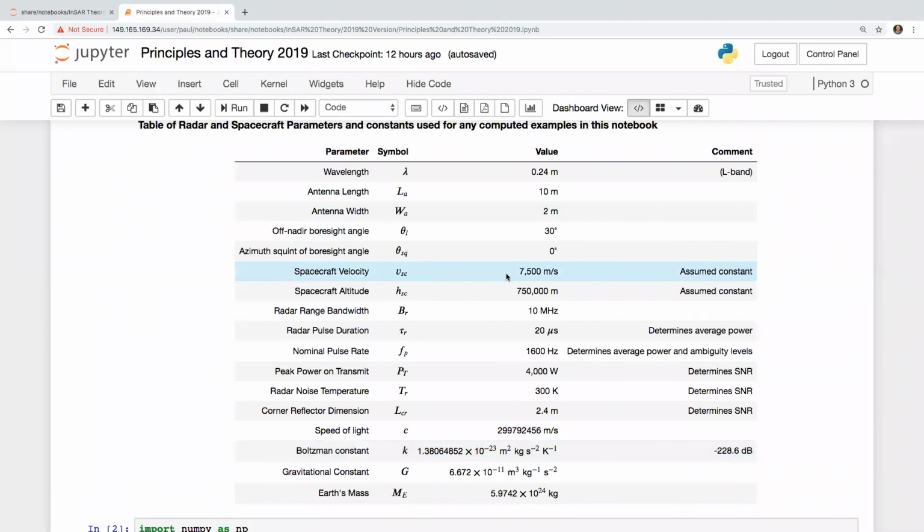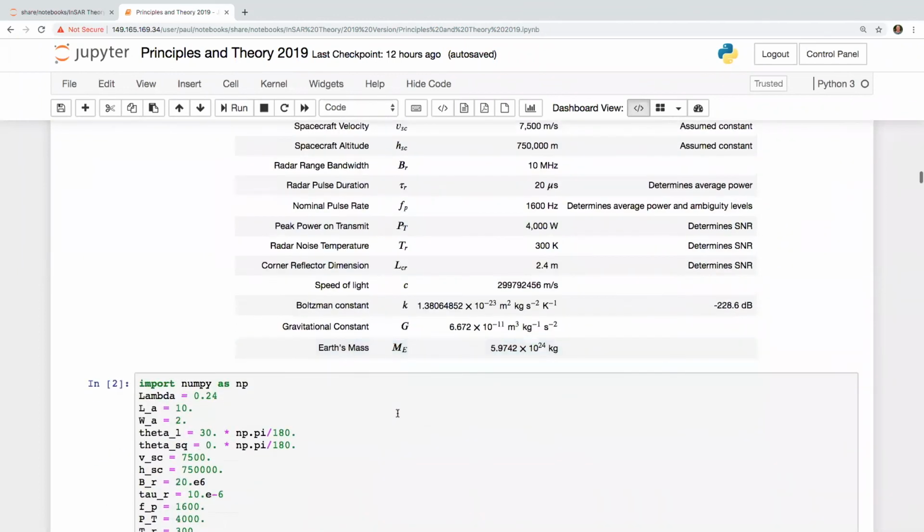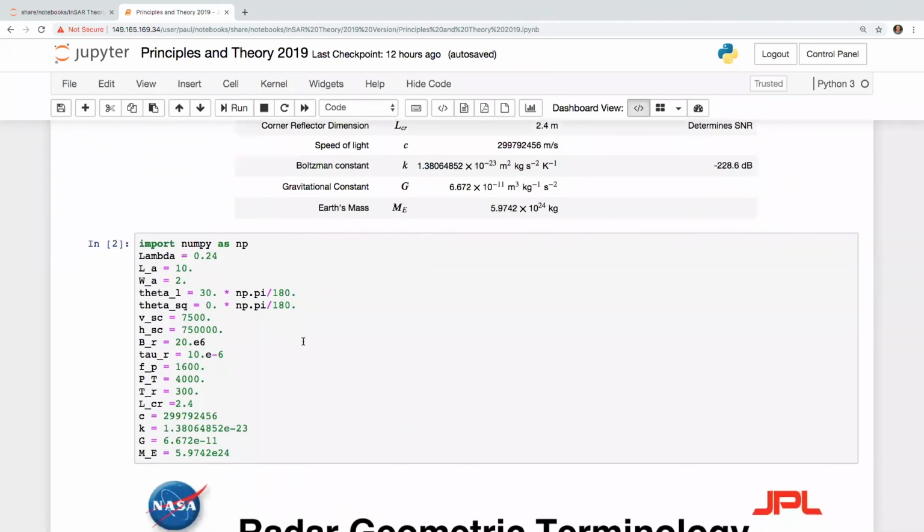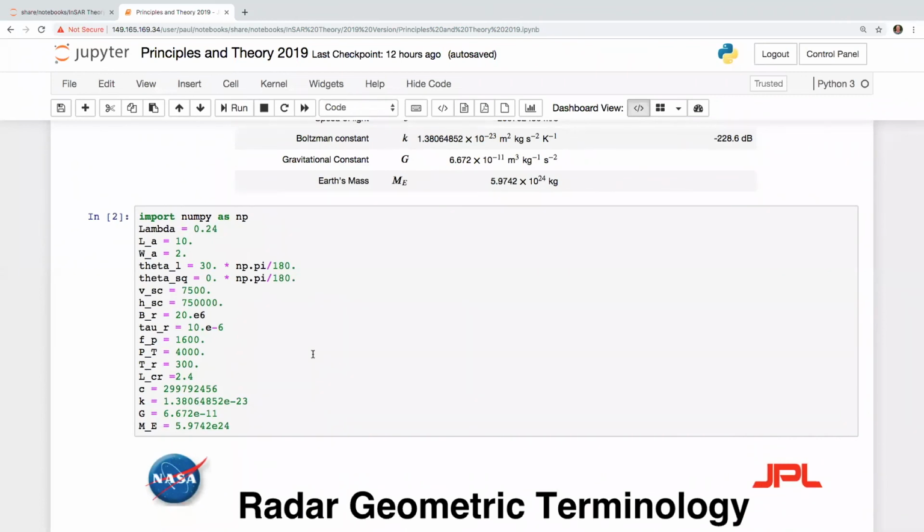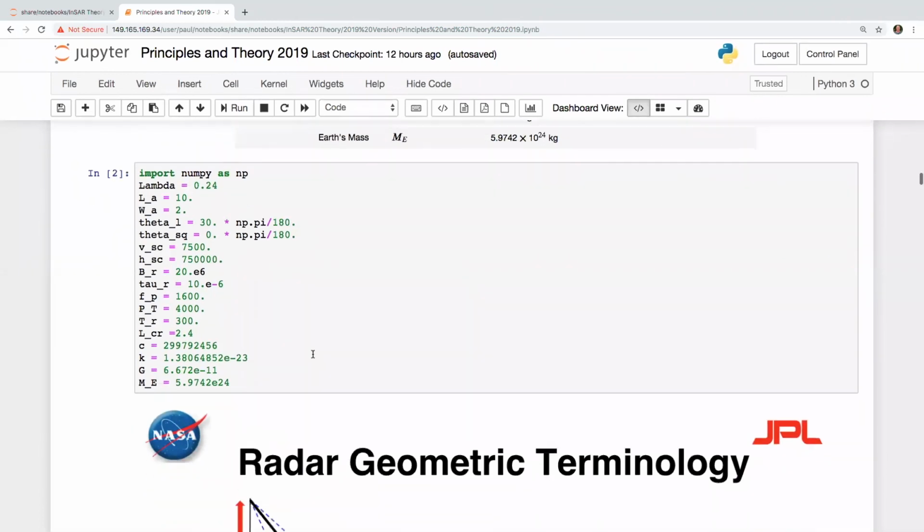Basically, it's a 750-kilometer altitude spacecraft propagating at 7,500 meters per second, looking off at 30 degrees incidence angle. In this particular case, we have a 10-meter by 2-meter antenna, and the wavelength is 24 centimeters, which is L-band, and then a bunch of other parameters here. So those may come in handy later. And here you can see they are actively defined right here in that cell.